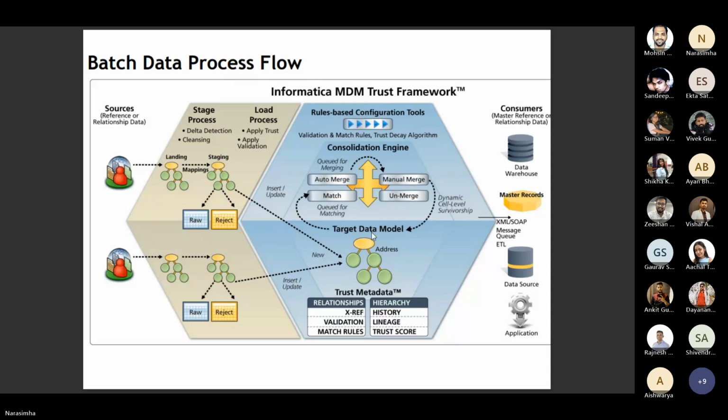And fourth, any edit that we do by using Data Manager or Hierarchy Manager will also be tracked using the XREF. Likewise, there are many more steps which I'm going to talk about when I get into this particular topic. I've just started with some steps.